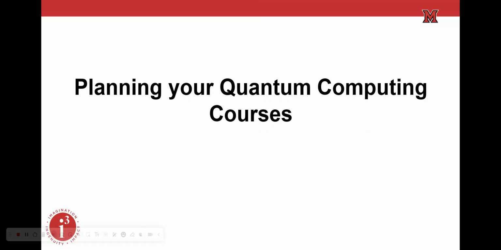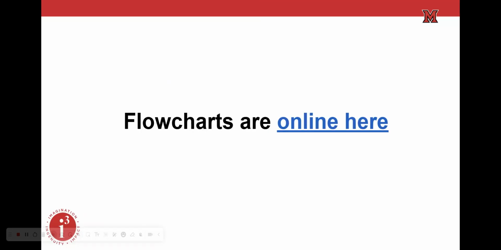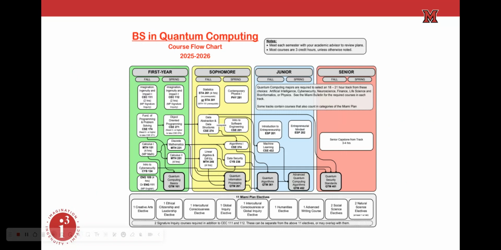Planning your quantum computing courses. Here is a link to the flowcharts, which can be found on our Miami website. We have all of our majors and flowcharts on that website. The Bachelor of Science in Quantum Computing. This is a flowchart that shows you an example of how you will take your quantum computing classes and how each semester and year will look.